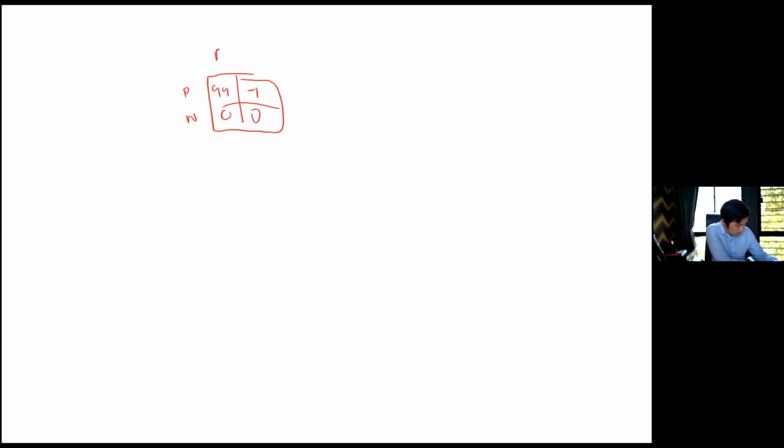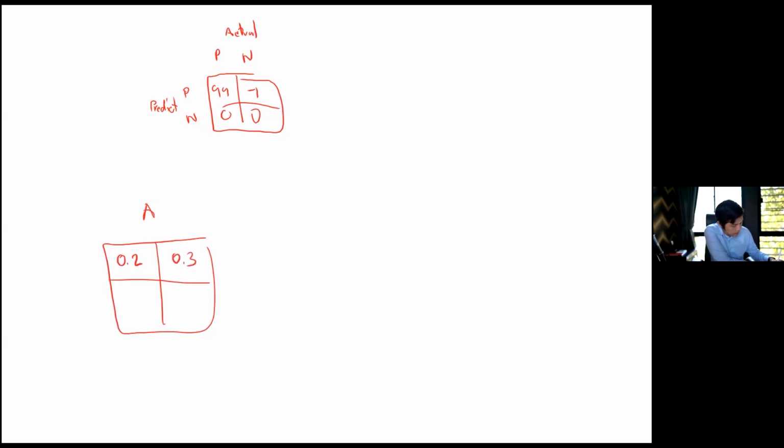Actually positive, actually negative. And then we have two models. Model version A, we got the confusion matrix of this proportion of the cases. You get this is 0.2, this is 0.3, this is 0.3, this is 0.2.